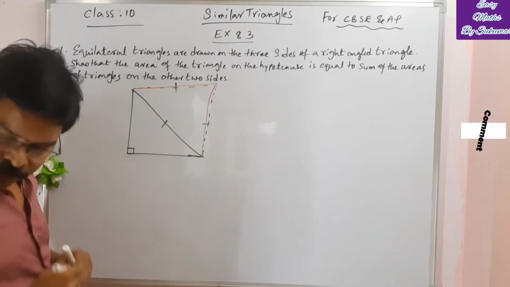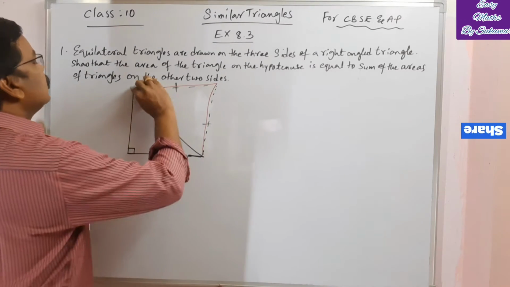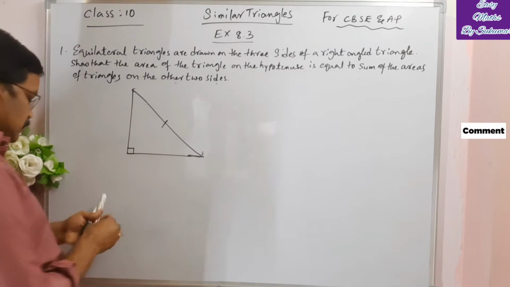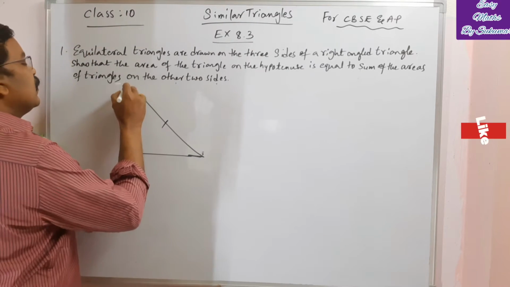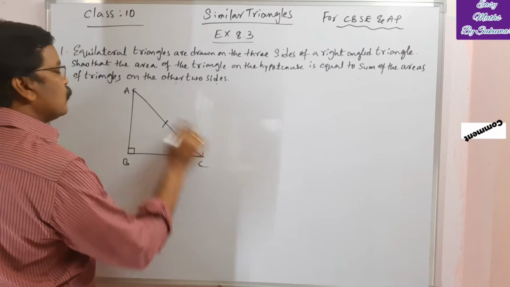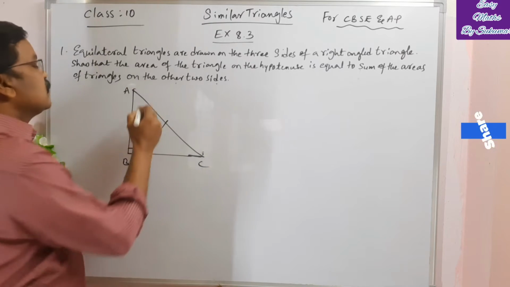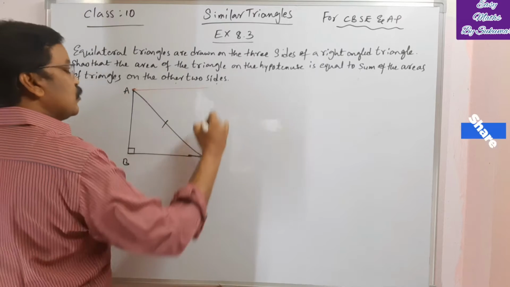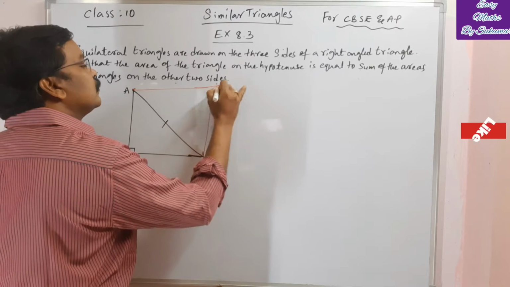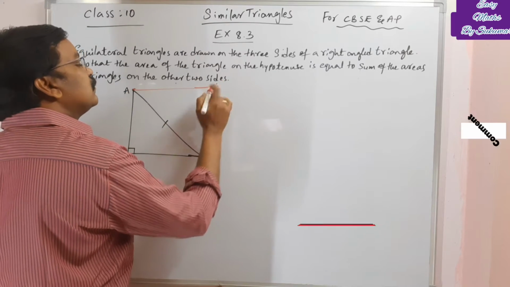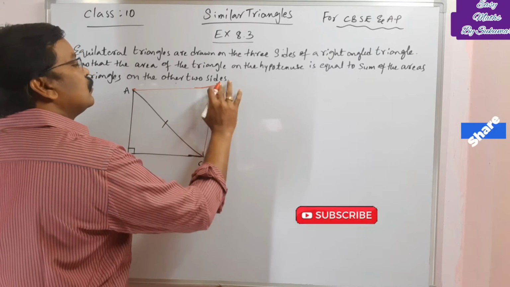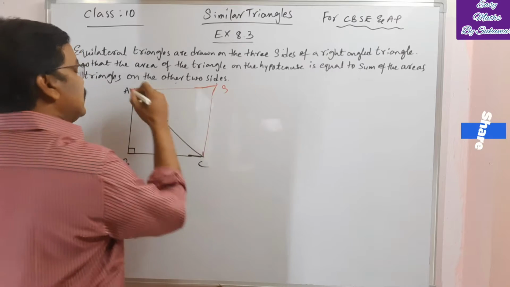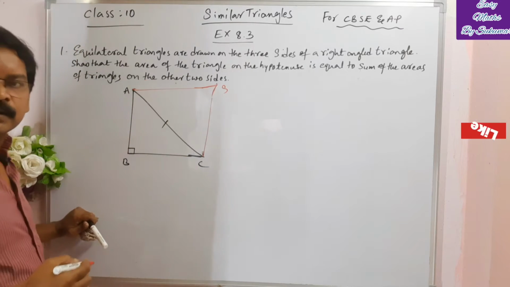I will draw again. See, this is ABC, a right angle triangle. What is the hypotenuse here? AC is the hypotenuse. So here, my dear students, this is an equilateral triangle drawn on the hypotenuse, let it be ACS.